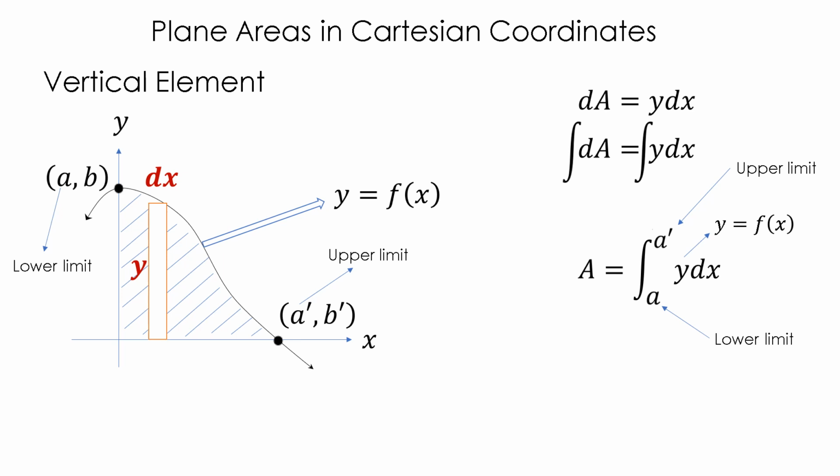We have to express y in terms of x because x is our variable of integration. So substituting y is equal to the function of x will be giving us the formula to solve this particular area. The area is the integral from a to a prime of the function of x dx.